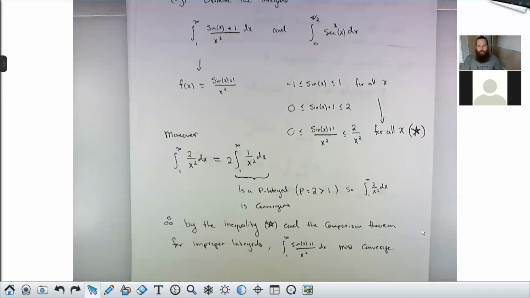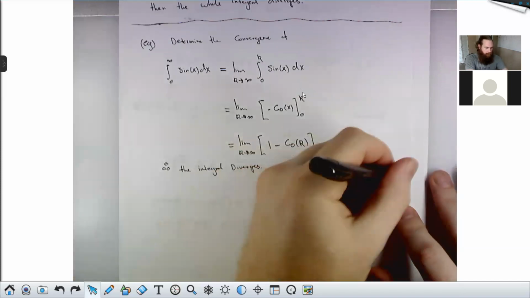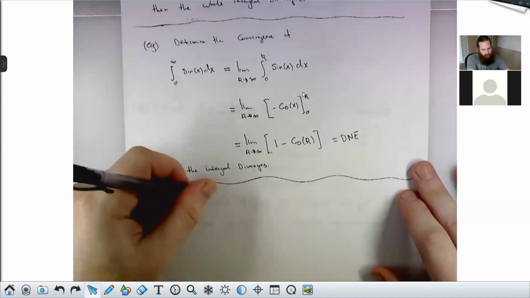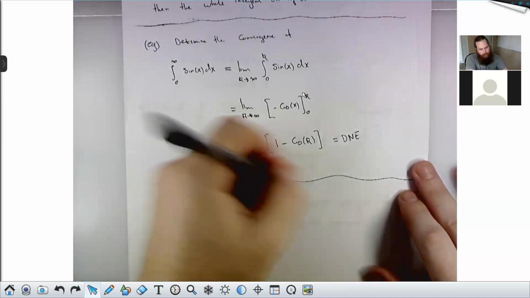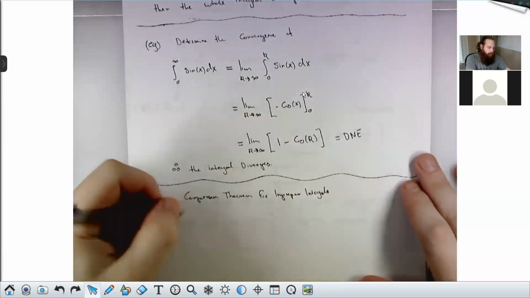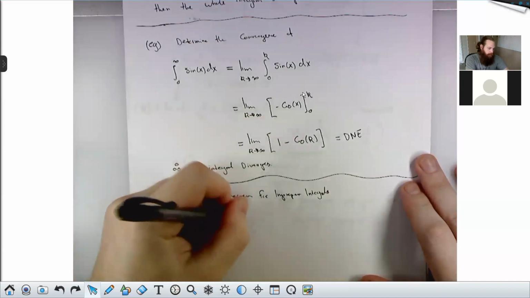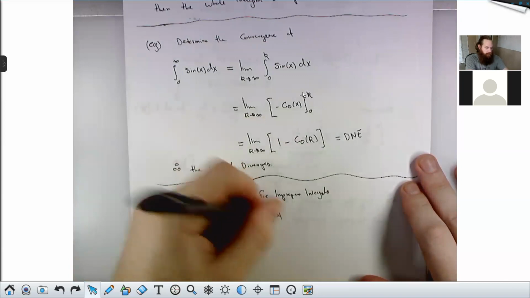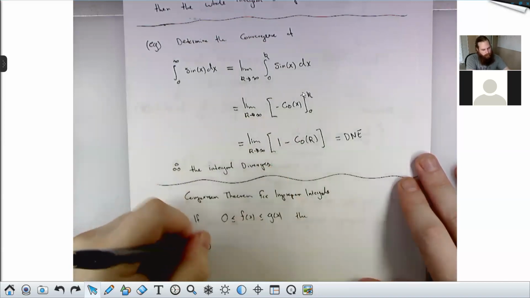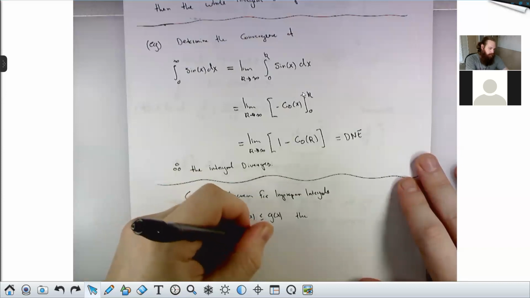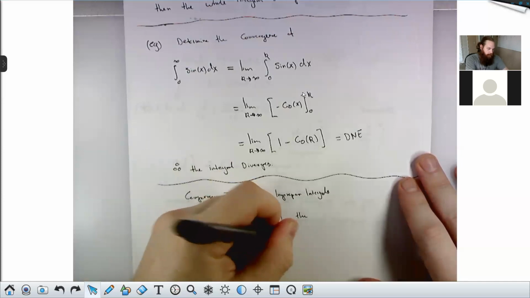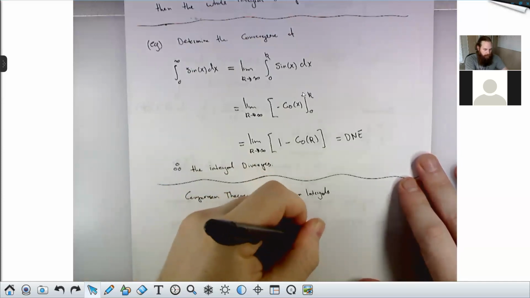Okay, let's, oh, yep, sorry. The comparison theorem for improper integrals says if 0 is less than or equal to f of x is less than or equal to g of x, then the integral from a to infinity of g of x converging implies the integral from a to infinity of f of x converges.